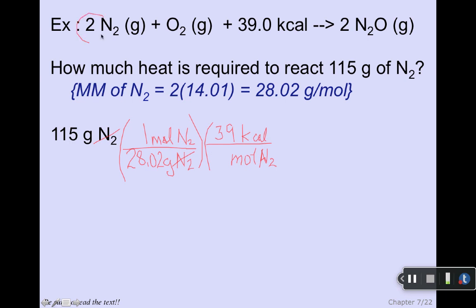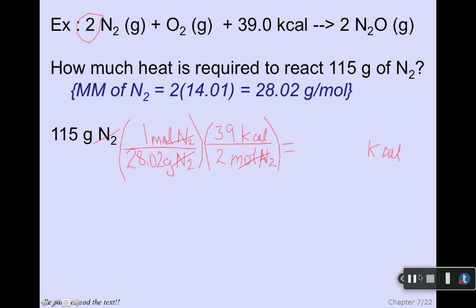Well, look back to your balanced equation. There's a 2 in front of that value, so put 2 in front of the moles of nitrogen in the calculation. Now we only need to verify that the moles of N2 cancel, and the rest becomes a calculator exercise. Notice that when we are finished, the unit is going to be kilocalories, which is a value for heat. That's desired. Good.